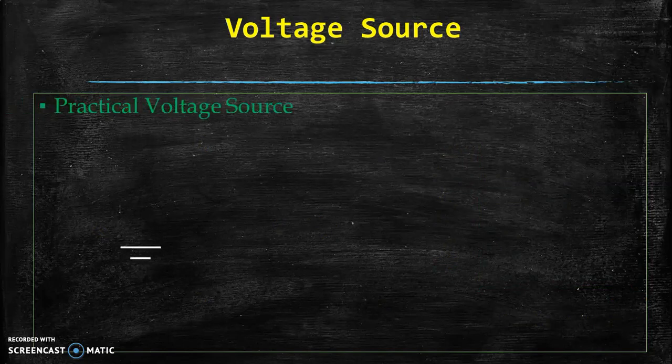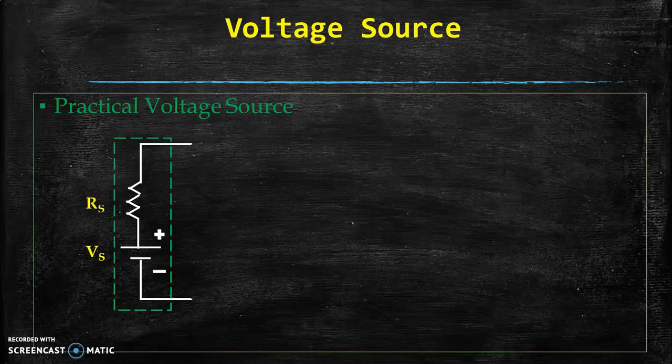First, for the DC voltage source, we have some internal resistance connected in series with the source, and that is known as RS.